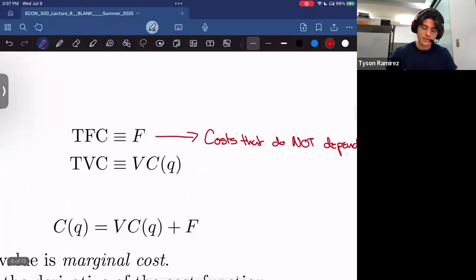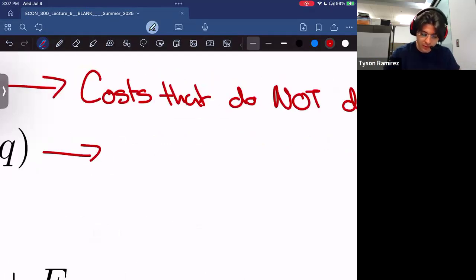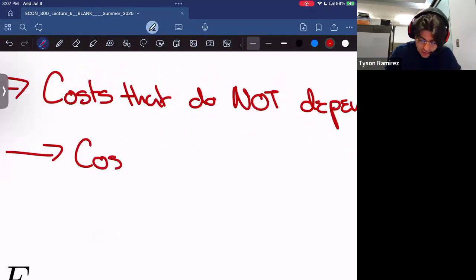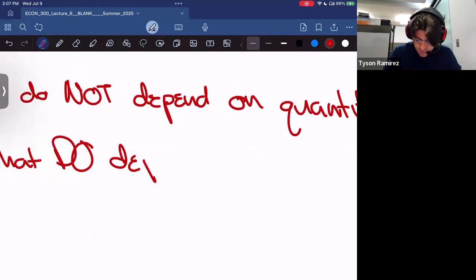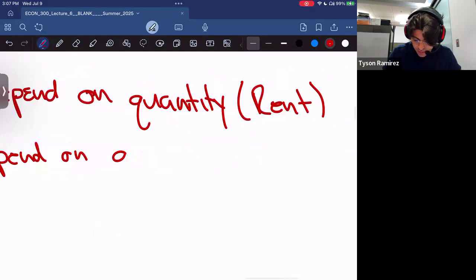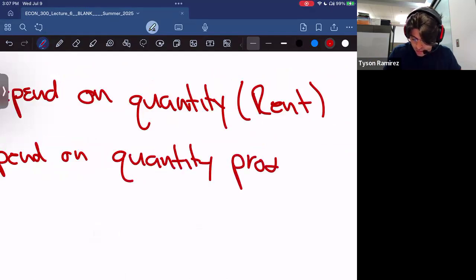But you also have what are variable costs. And these are things that do depend on the quantity of stuff that you're selling. So to be explicit, costs that do depend on quantity, quantity produced, rather.